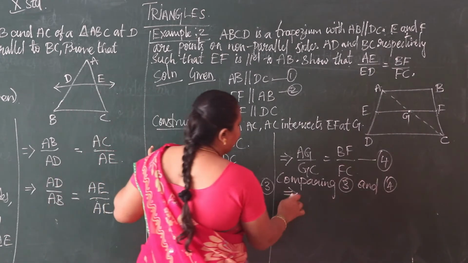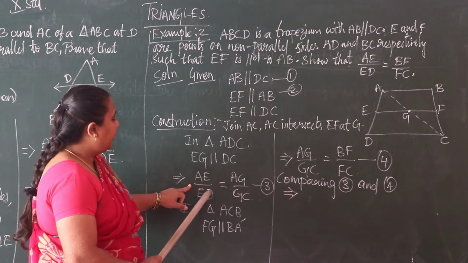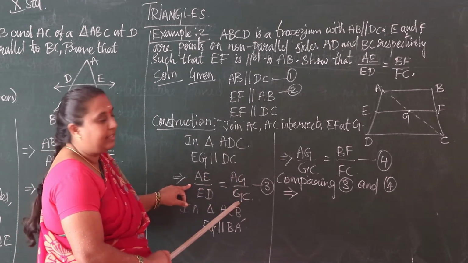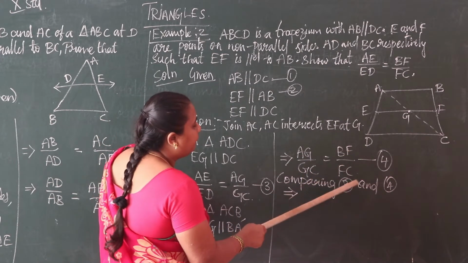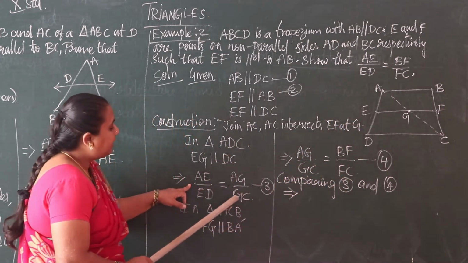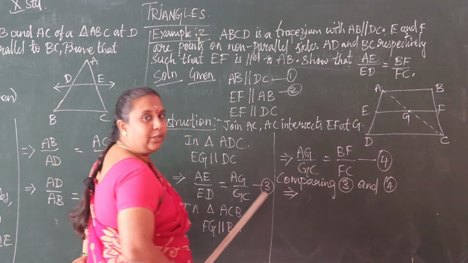So now we get AE by ED equals AG by GC, and in equation 4 AG by GC equals BF by FC. So the right hand side of equation 3 and the left hand side of equation 4 are equal.